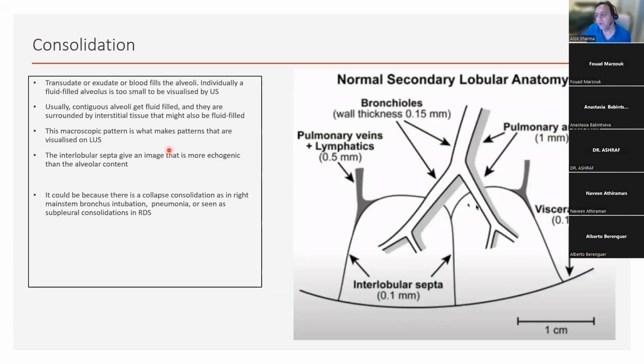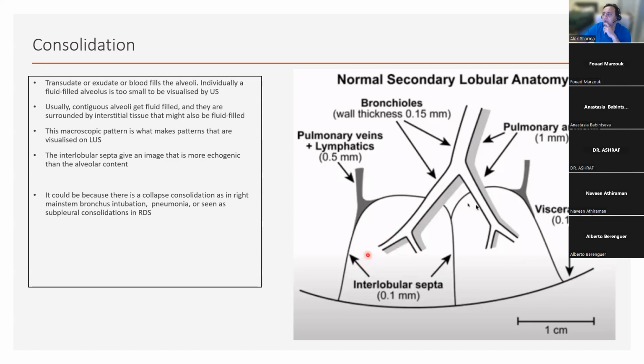Now we're going to talk a little bit about pathology. What is the C profile or consolidation and why does it happen? Quite crucially, if you look at normal lung architecture, you have bronchioles, which basically end up with the alveolar tree.